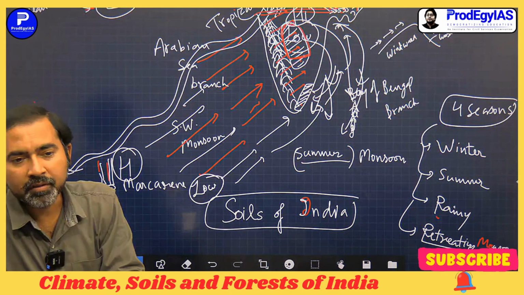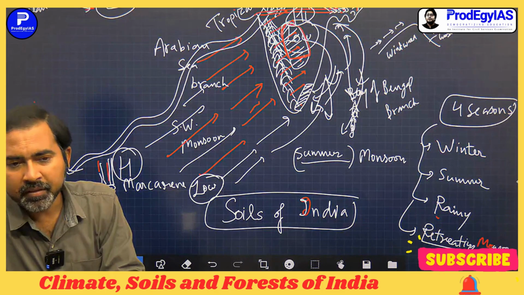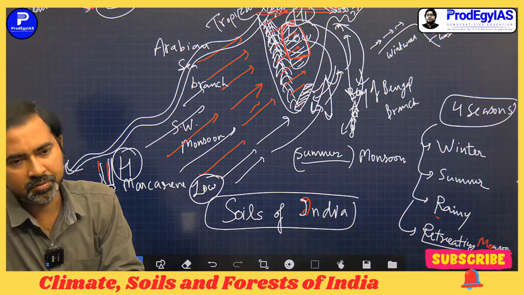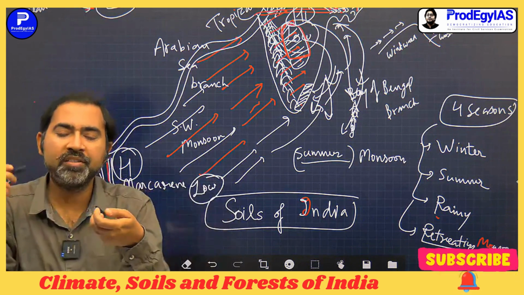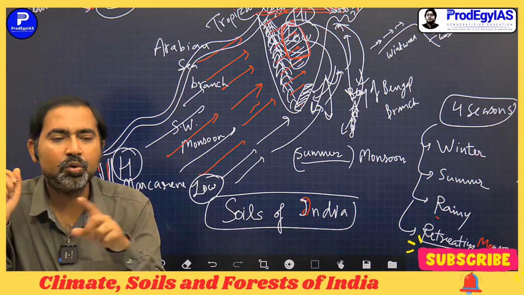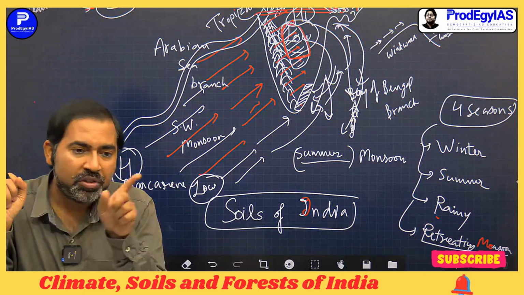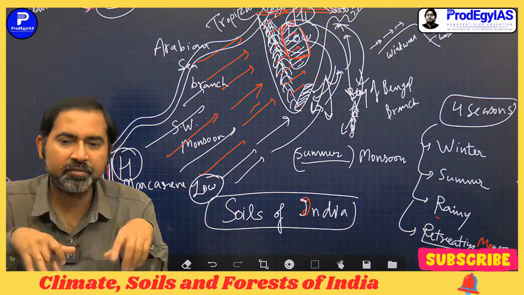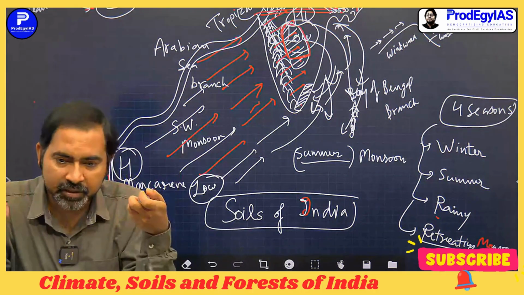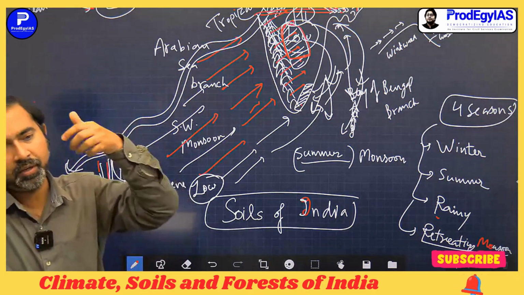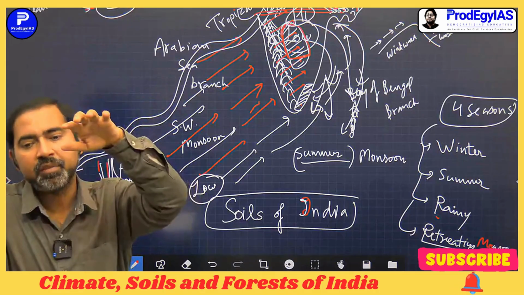Where does frontal rainfall occur? In the mid latitudes, where there is a convergence of polar easterlies and westerlies. Those zones are 50 to 60 degrees north as well as south.